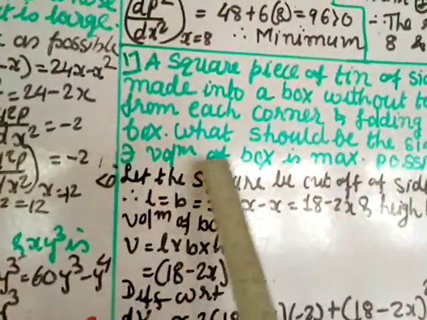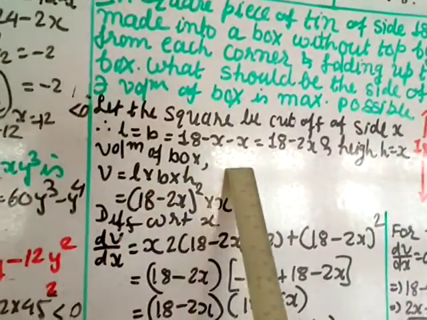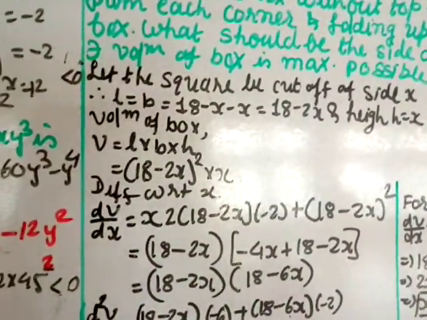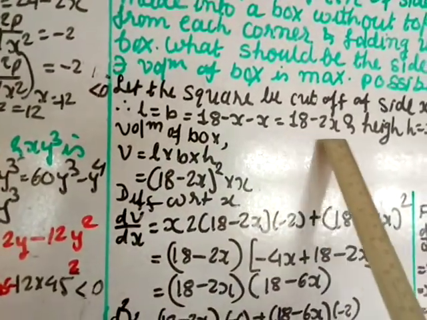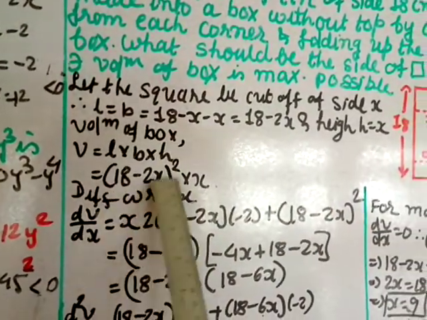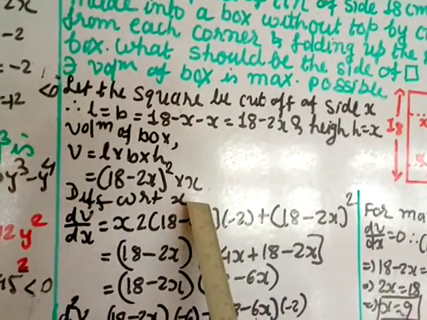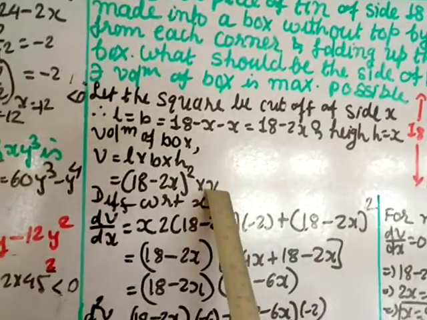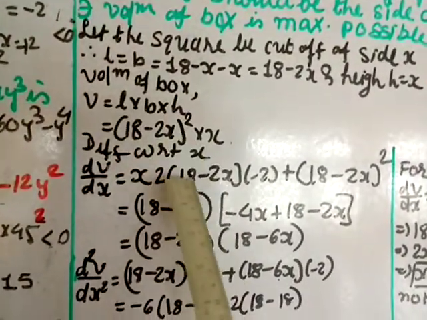They have given us that the volume of the box is maximum, so I'll assume the volume of the box, we know volume of the box is length into breadth into height. So length and breadth same, it is 18 minus 2x, so I will put (18 minus 2x) whole square, and height I am taking as x. So V = x(18 minus 2x)^2, differentiate with respect to x, so I am differentiating u into v here. Okay, so I am keeping x as it is and differentiating first the square part.